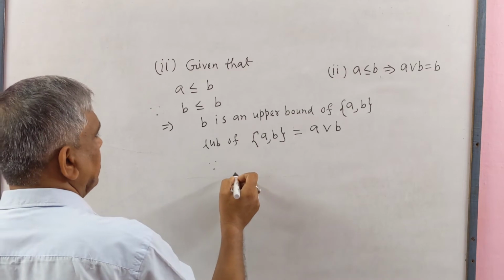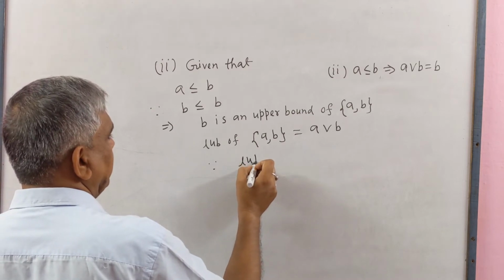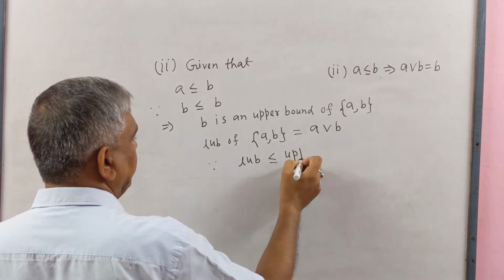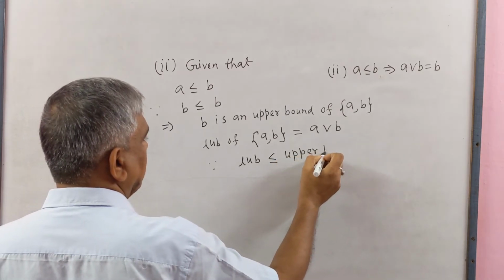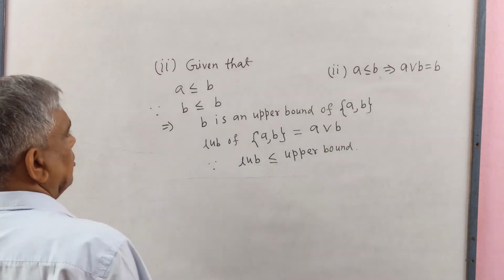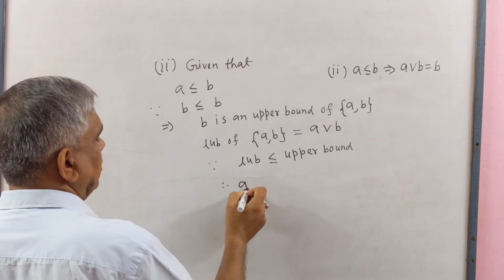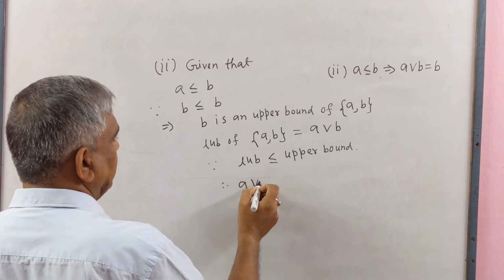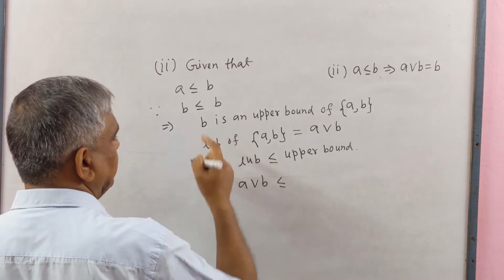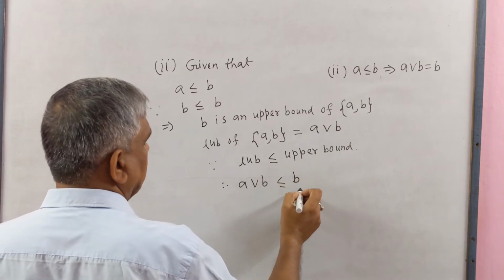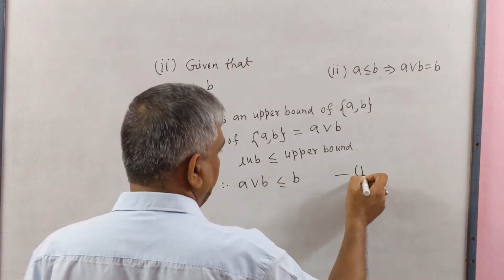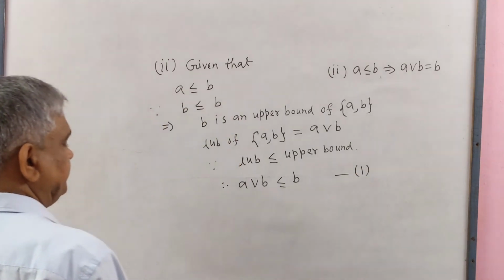Since least upper bound is less than equal to upper bound, therefore A join B, this is least upper bound, and B is upper bound. This is number 1 of problem 2.